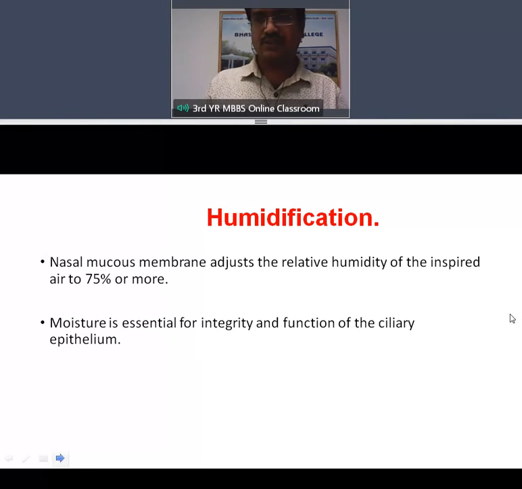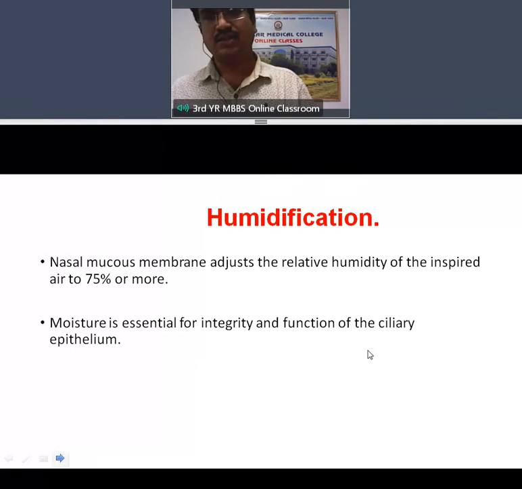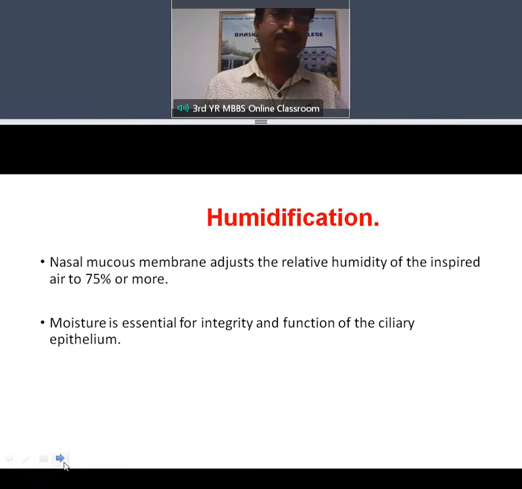This humidification is very important for the normal functioning of the nasal mucosa. Moisture is essential for the integrity and function of the ciliary epithelium, that is the respiratory epithelium, pseudostratified ciliated columnar epithelium. For the normal beating of the cilia, this humidification is very essential.